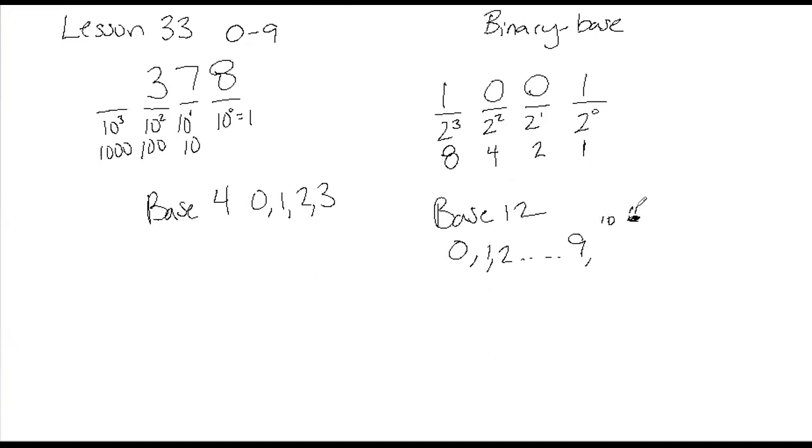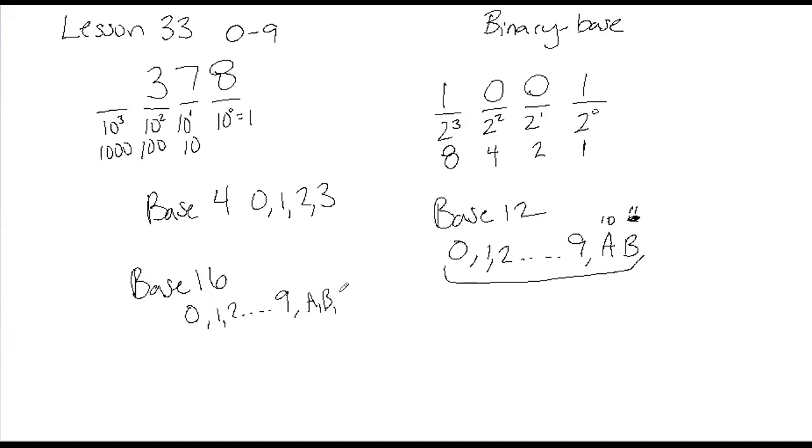Okay, so for the numbers 10 and 11, you will use an A and a B. And then once you get to 12, you would use the next place value spot. So in base 12, you're going to see digits from 0 all the way to B. If you were ever to go to base 16, you would see 0, 1, 2, all the way to 9, and then you would see A, B, C, D, E, and F. So you'd go all the way to F.